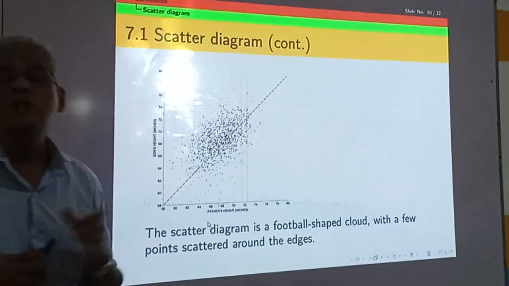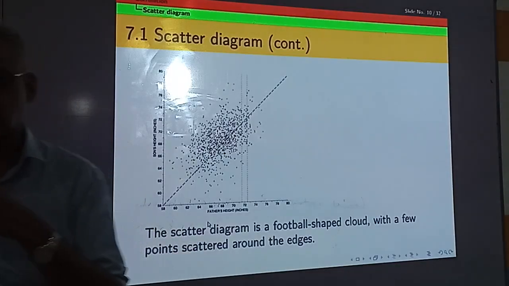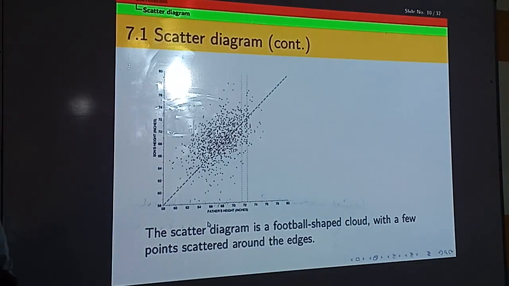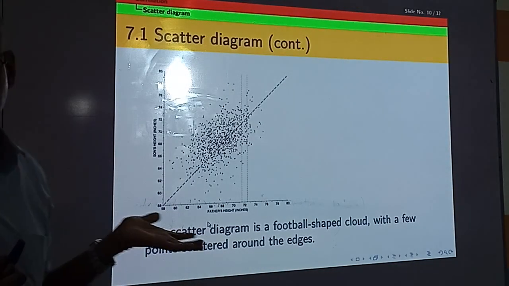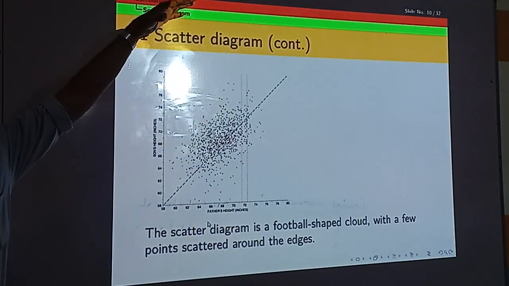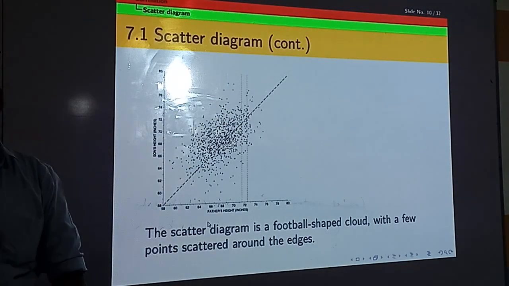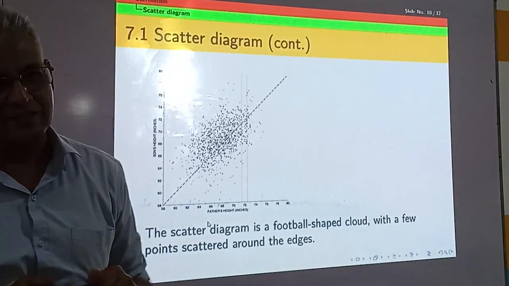That's going to be a little bit subjective, whether you decide it's strong or weak. It also depends on the scale. If you draw the same thing in a large scale, these points will be farther away from the straight line, so one might say the same thing is weak in that case.